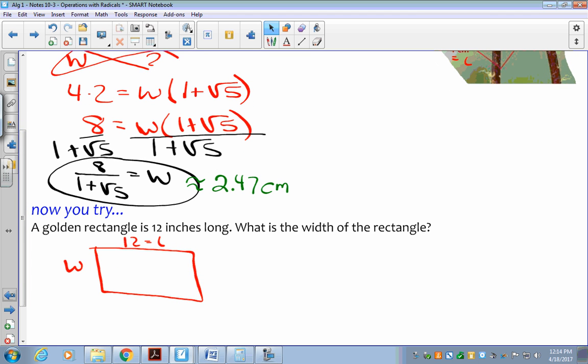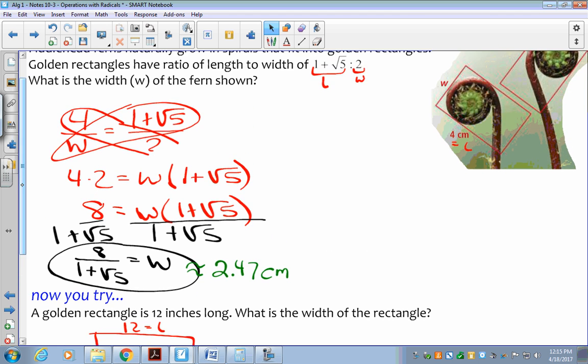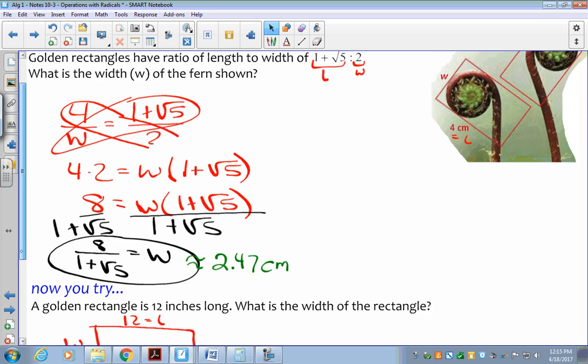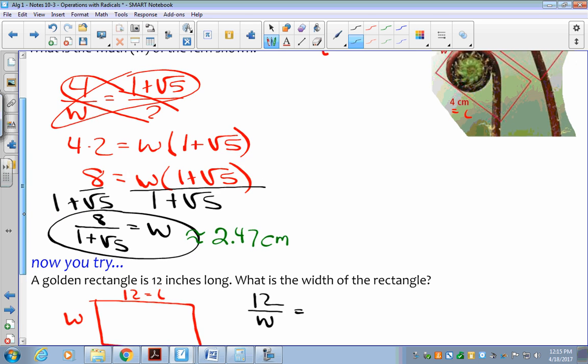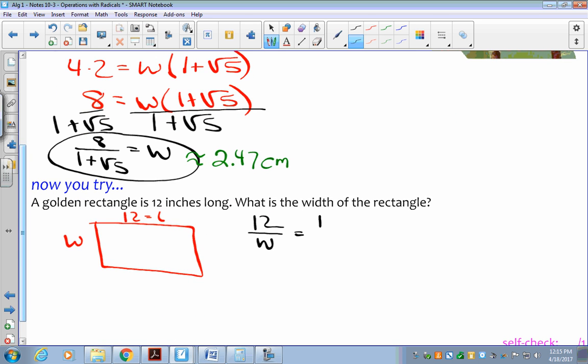All right, our setup is going to be similar to the one we did here, but instead of 4 over W, we are going to have 12 over W equals 1 plus root 5 over 2.